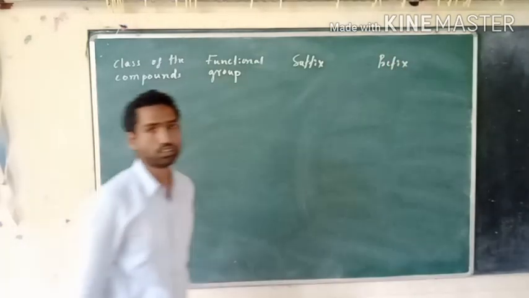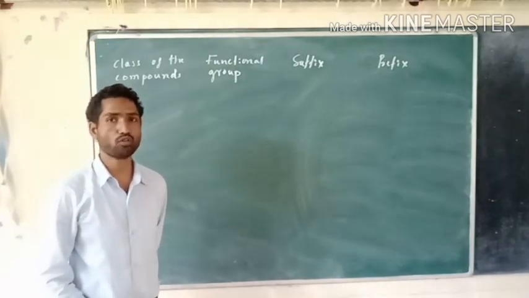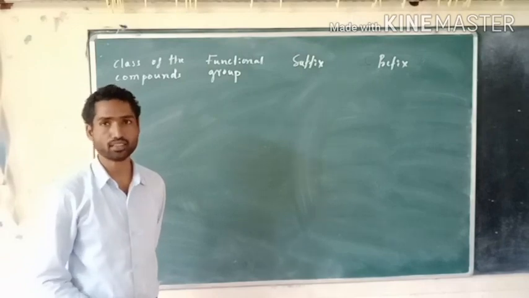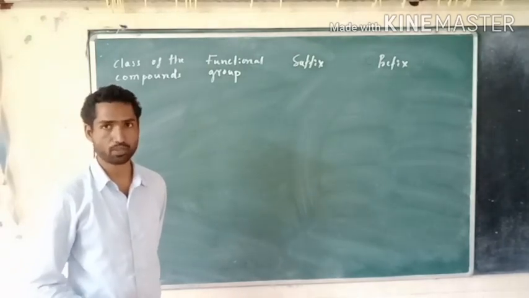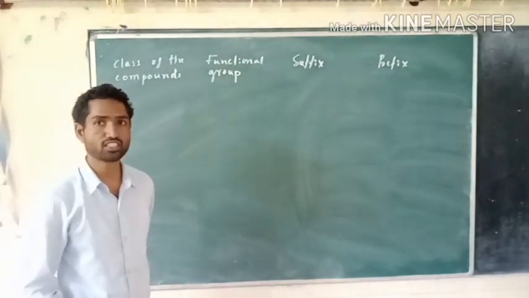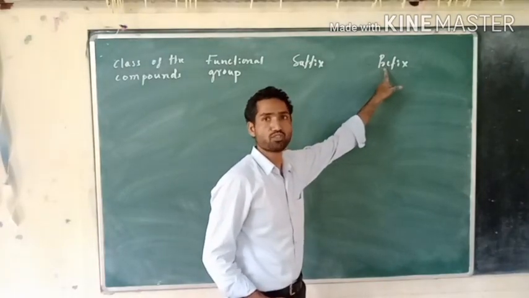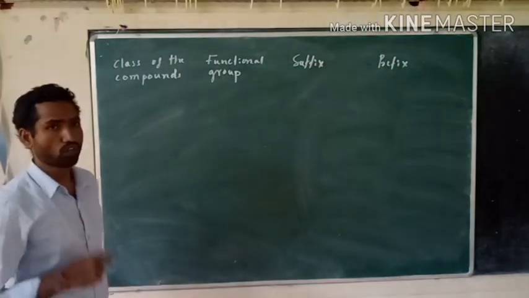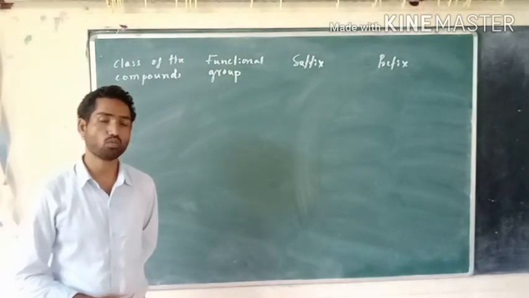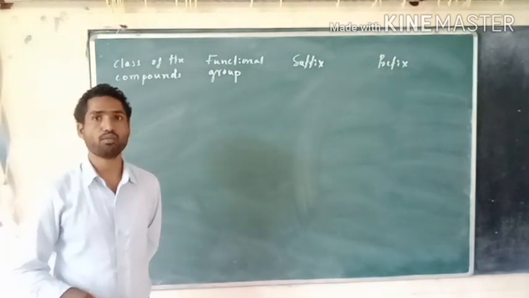If the molecule has more than one functional group, then we have to treat one functional group as the main functional group and the other functional groups as substituents. When we use other functional groups as substituents, we have to write their prefixes as the name of the substituent in the molecule. One more thing: if there is more than one functional group in the molecule, one should be treated as the main functional group.